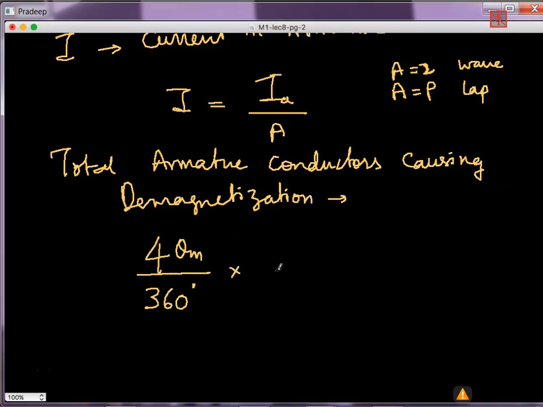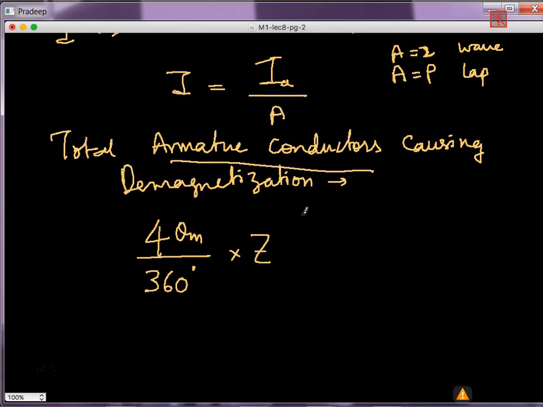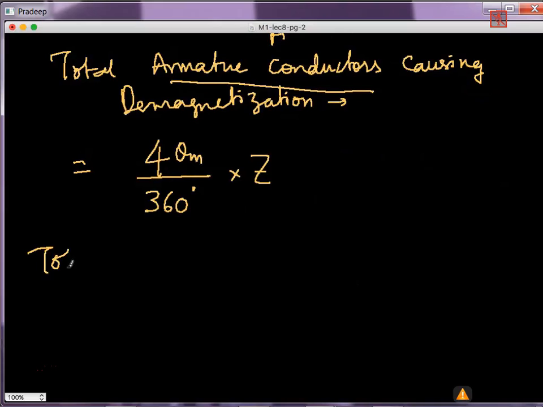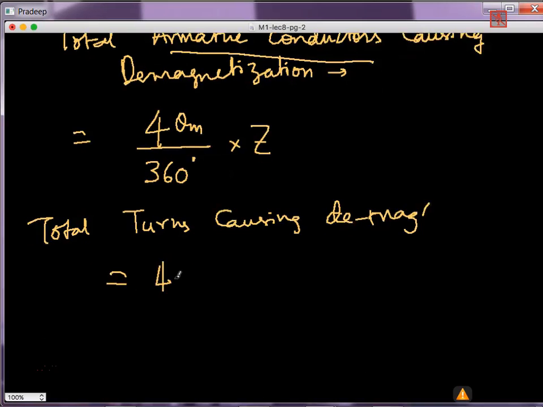This I will multiply with the total number of conductors, Z. So this is the total armature conductors causing demagnetization. Now, total turns causing demagnetization: these are conductors, so turns will be divided by 2. So that's nothing but 4 theta m by 360 into Z by 2.